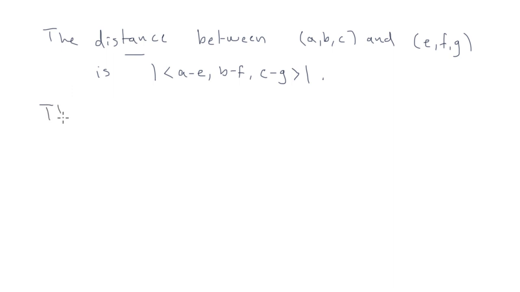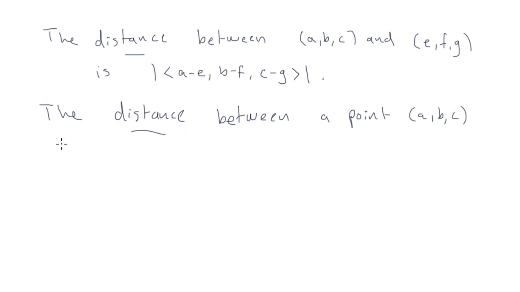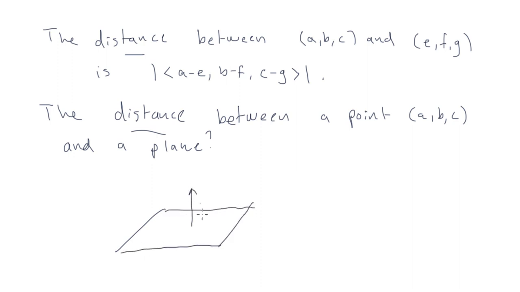But what about the distance between a point and a plane? So what do I even mean by that? Let's say I have this plane, and I have a normal vector here, and I have some other point here, a, b, c.